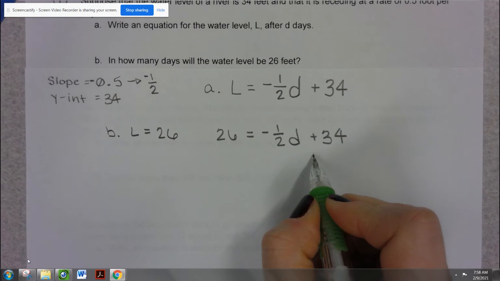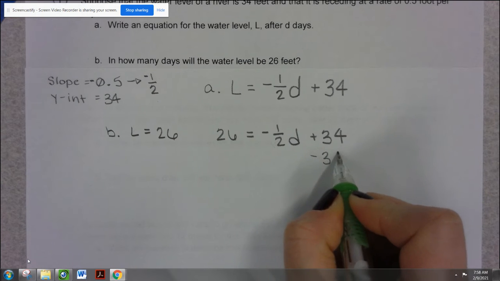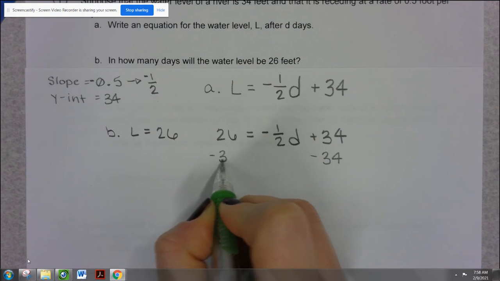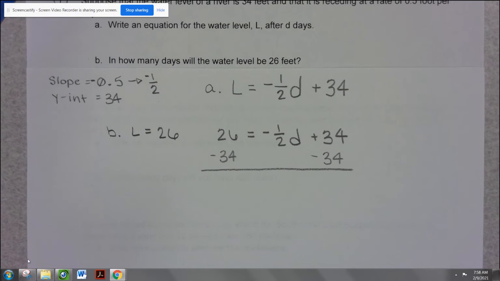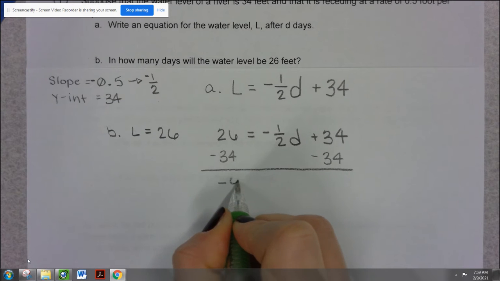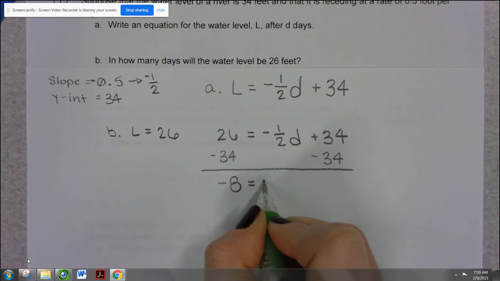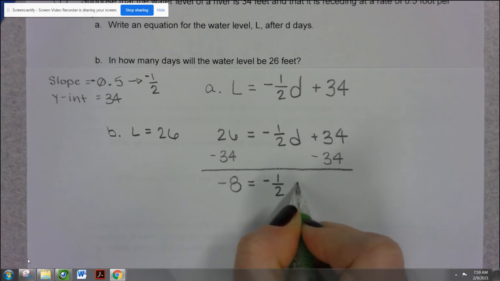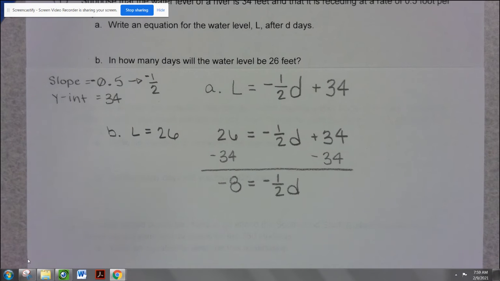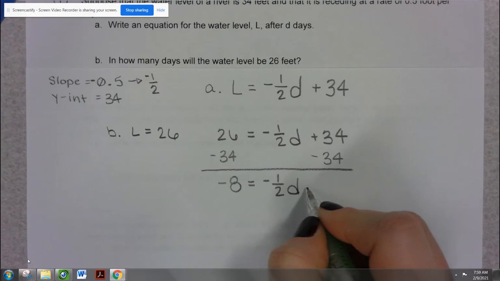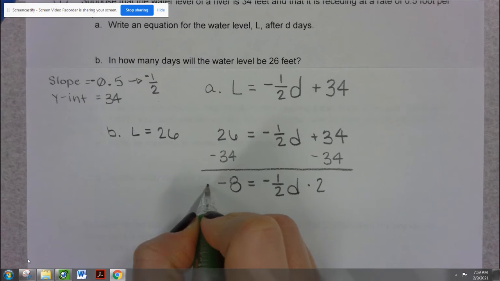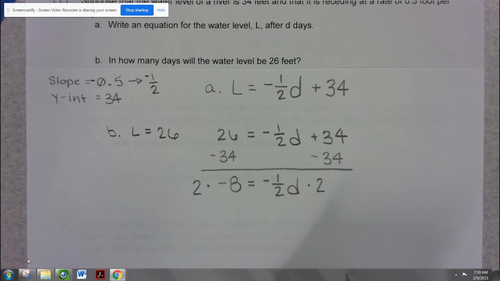So the first thing I'm going to do is subtract 34. So 26 minus 34 is going to give me negative 8, being equal to negative 1/2 D. Now I have a fraction here, so I'm going to undo my fraction by multiplying by 2.